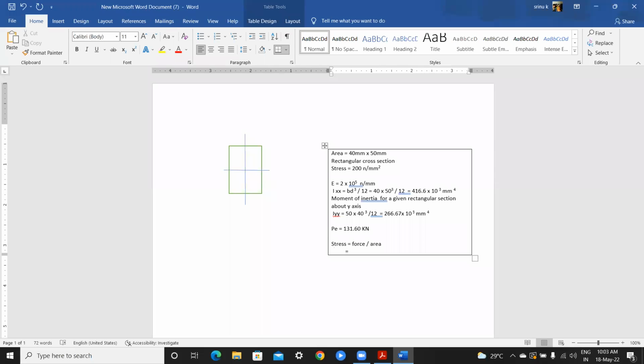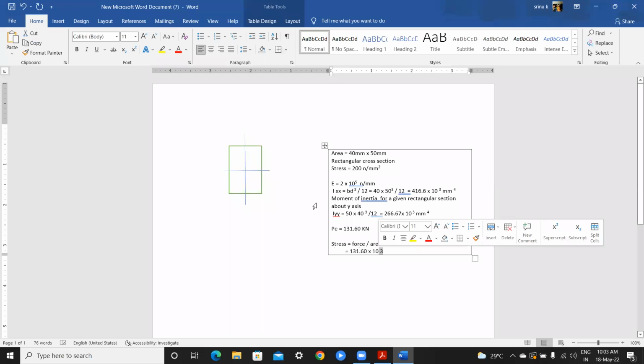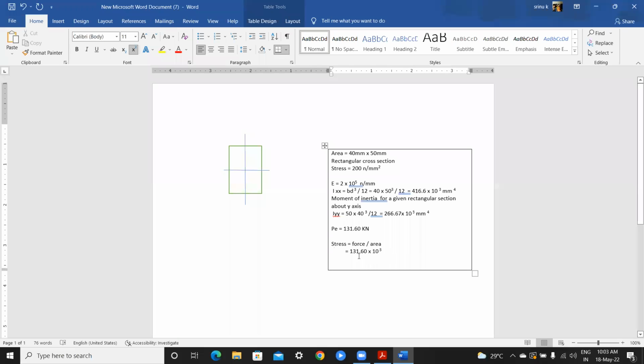So what we got here is 131.60 into 10 cube Newton, that is the load, divided by the area. What is the area for us? 40 into 50.